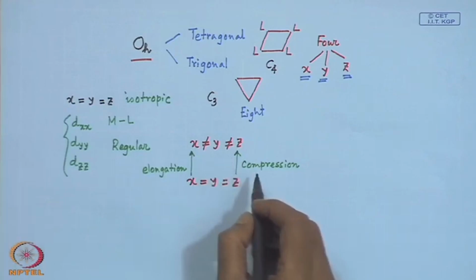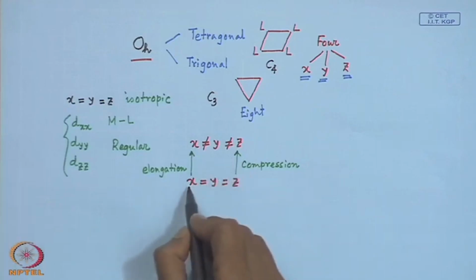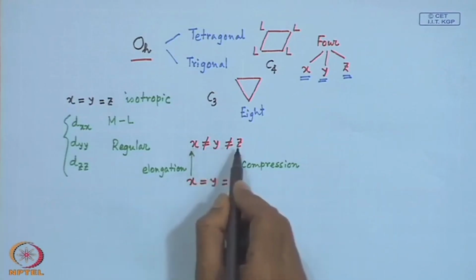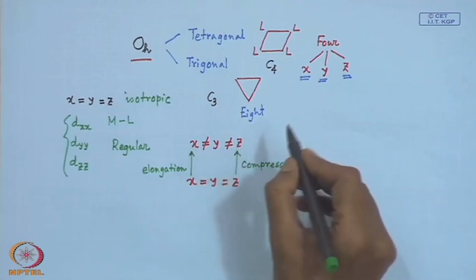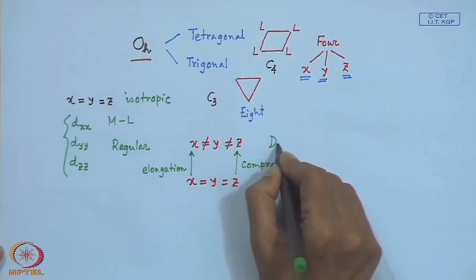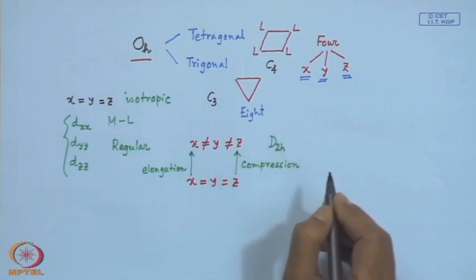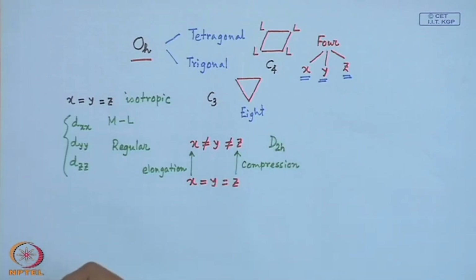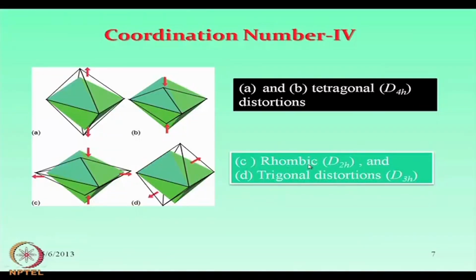As a result, x is not equal to y and y is not equal to z, we get rhombic distortion, and this distortion is known as D2h distortion. The symmetry level is D2h, and we consider this distortion as D2h distortion. So this is the situation where we have the D2h distortion in figure C.